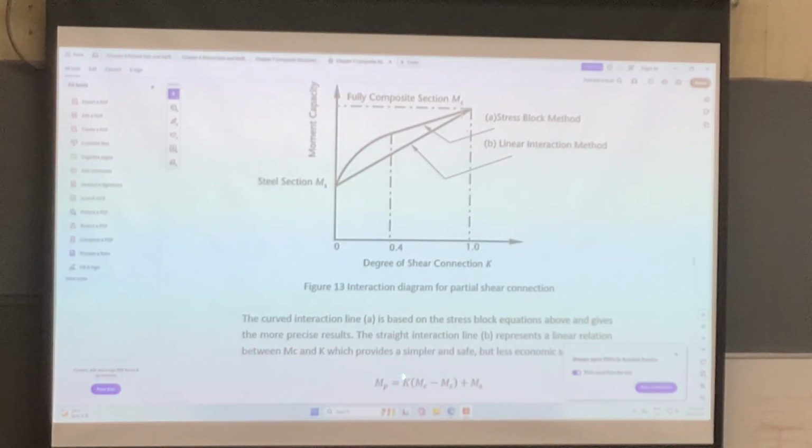Then this K is actually how many percent of shear studs have been provided. And then plus this MS. MS is like here. Okay?